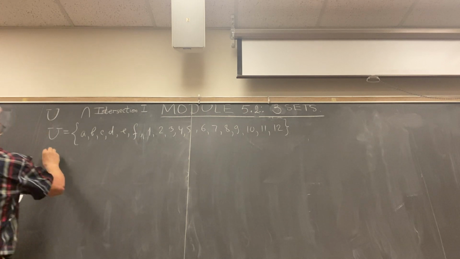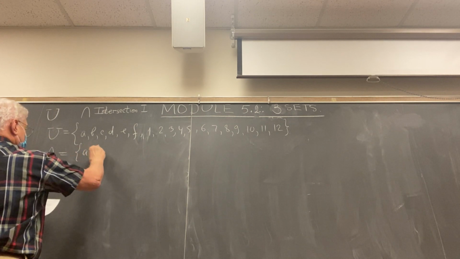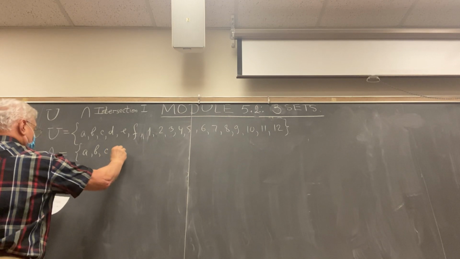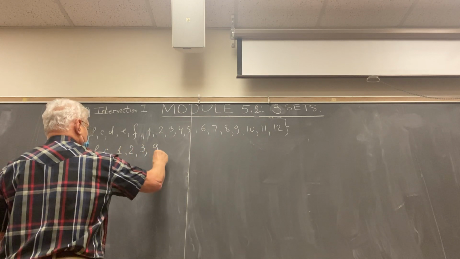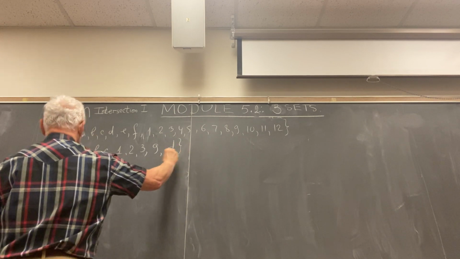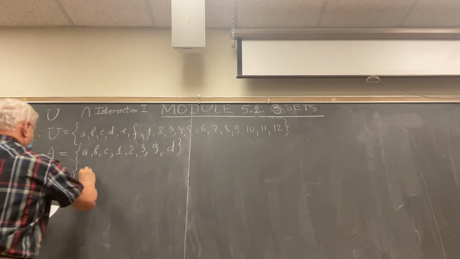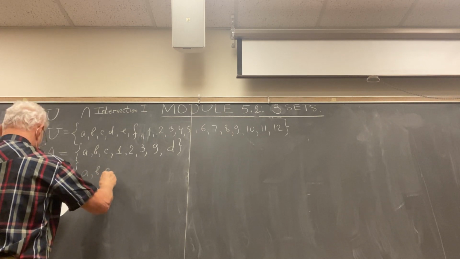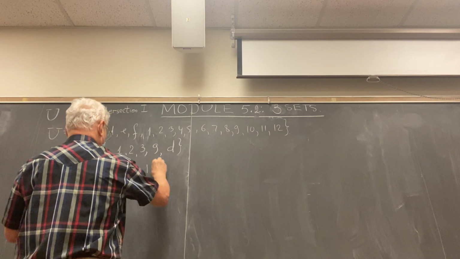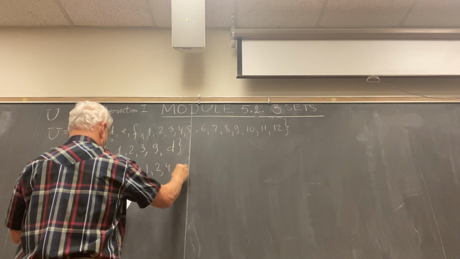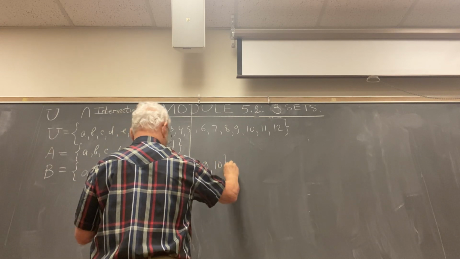A is A, B, C, 1, 2, 3, 9, and letter D. Then B is A, B, C, D, E, 1, 2, 4, 5, 6, 9, and 10.